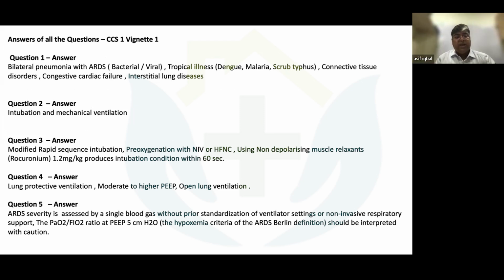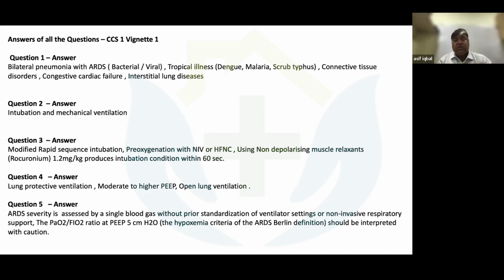So it is a bilateral pneumonia with ARDS, bacterial or viral, though you have not received the X-ray yet. You have to say that you are dealing with a case of pneumonia because cough and fever are there. So maybe the pneumonia migrated to ARDS. The etiology may be bacterial or viral.